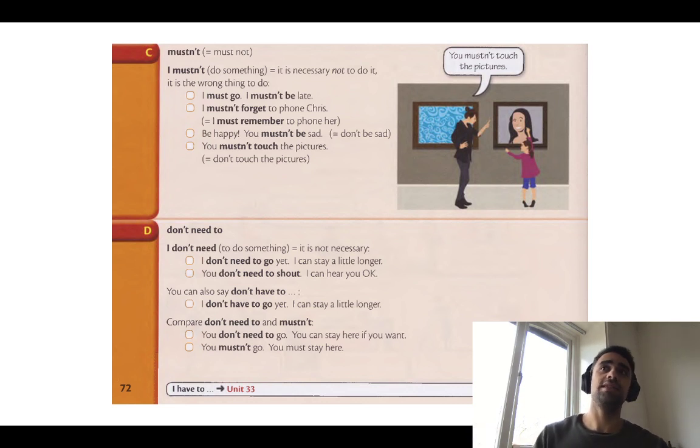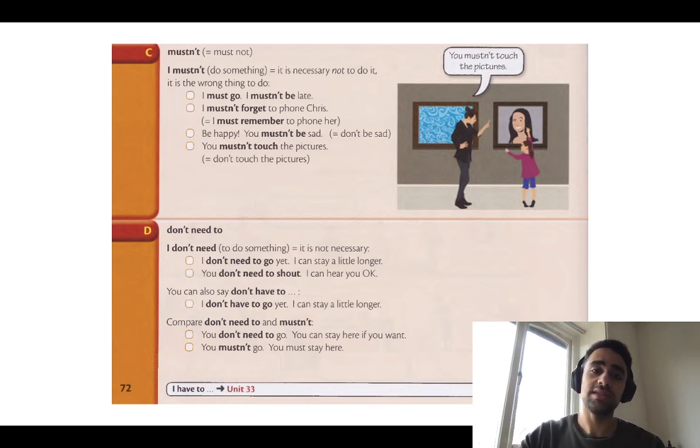So mustn't means you don't have to, and it is the same in Arabic. If we say in Egyptian لازم تعمل كده, and we make the negative, مش لازم تعمل كده معناها ان انت يعني مش ضروري تعمل كده.